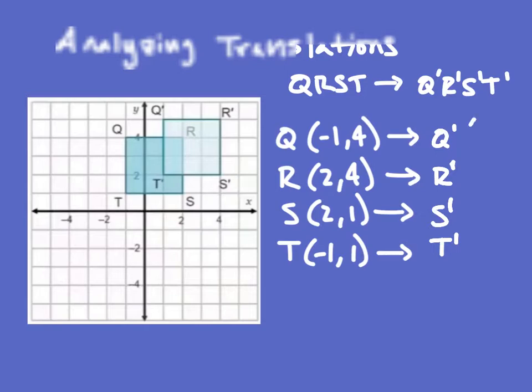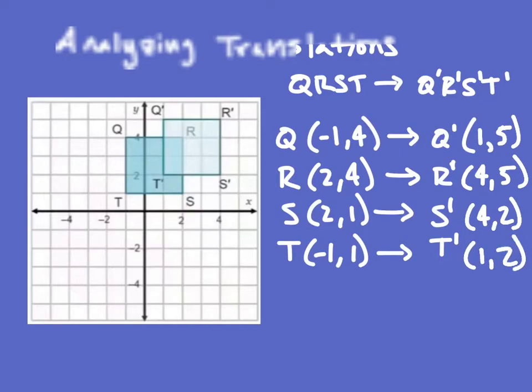So let's identify what Q prime is. From here, this is the point (1, 5). R prime is the point (4, 5). S prime is the point (4, 2), and then T prime is the point (1, 2).